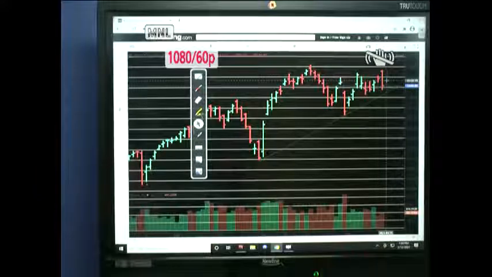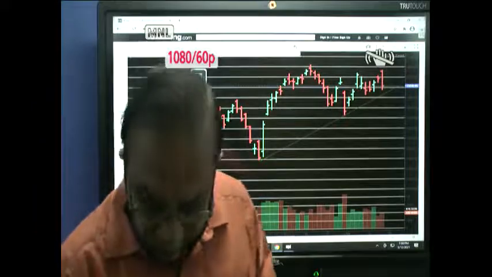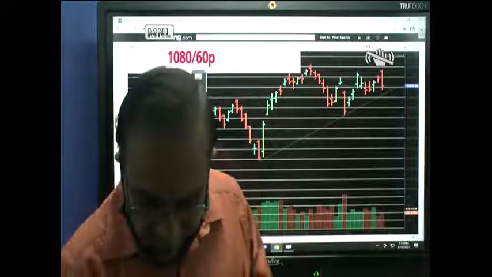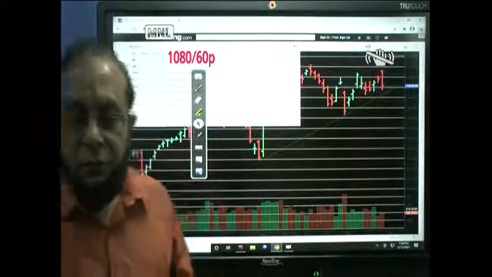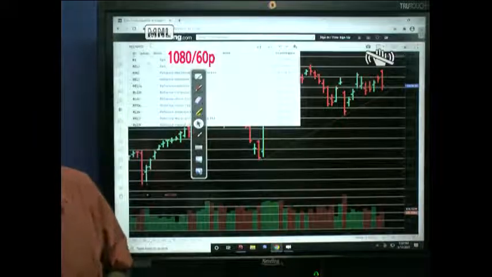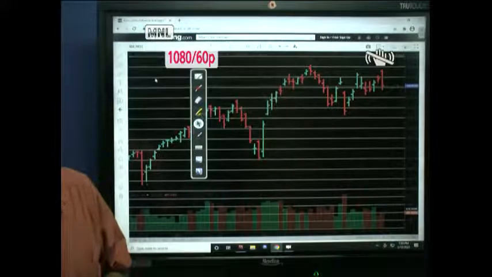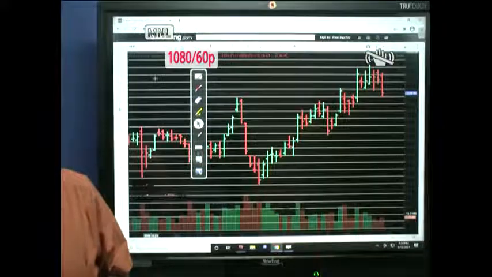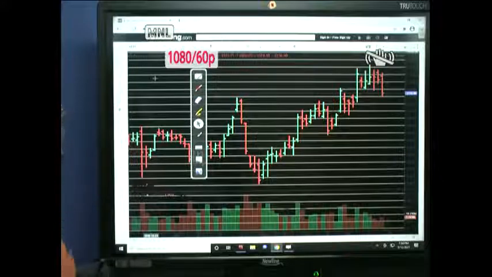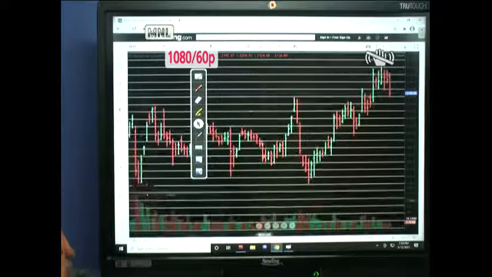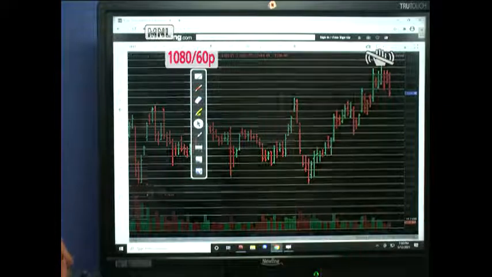Okay. Now we will look at one or two stocks, and let's look at Reliance Industries. So this is Reliance now, and we'll look at the big chart.